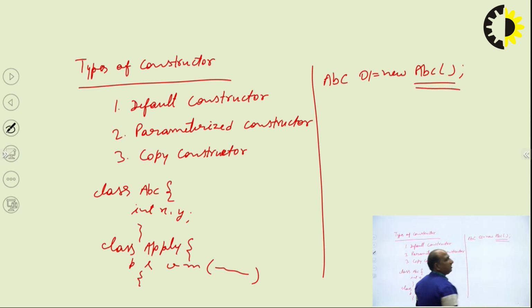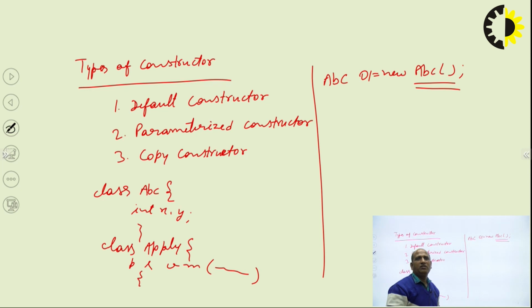What is this? This is the constructor, and no parameter has been passed to it. This type of constructor, in which we have not passed any parameter, is available by default to every class, and it is called the default constructor.